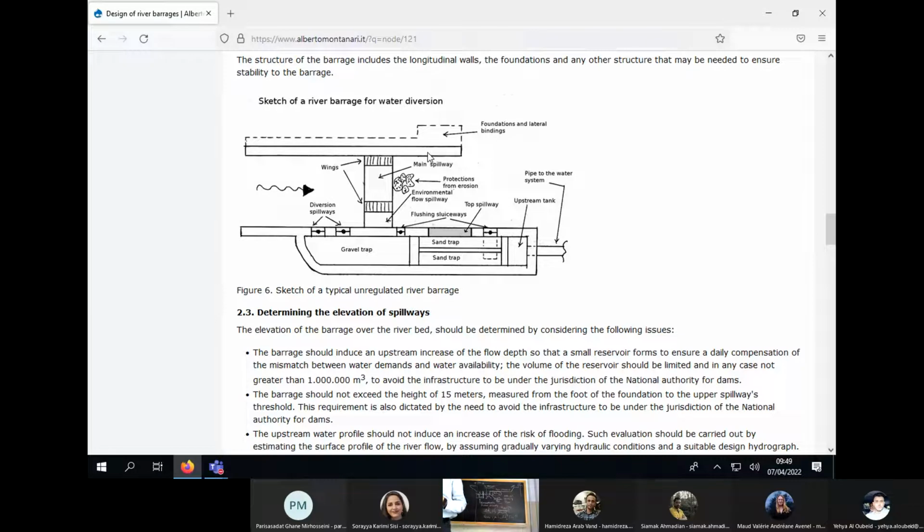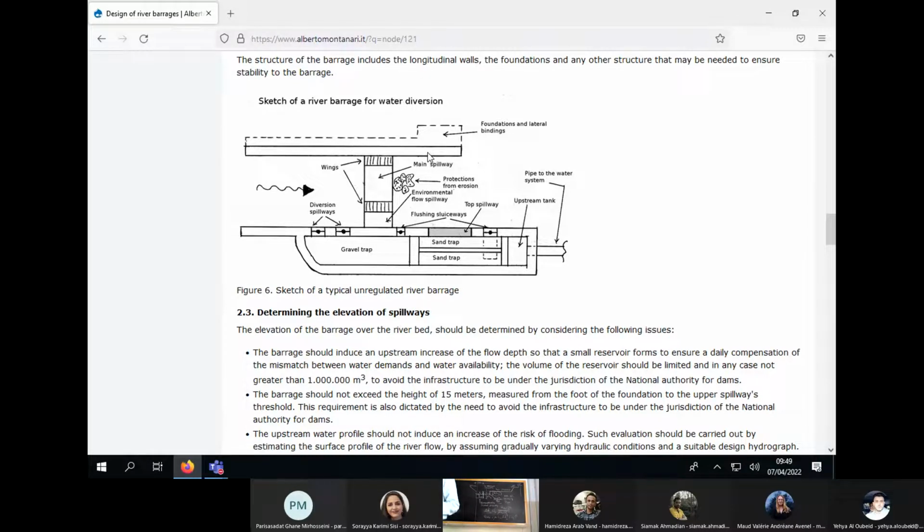Now, let me just mention how the sand trap is designed. We don't go into the fine details because the sand trap is designed by using the Stokes formula, which you already know, because there are other courses that derive it.